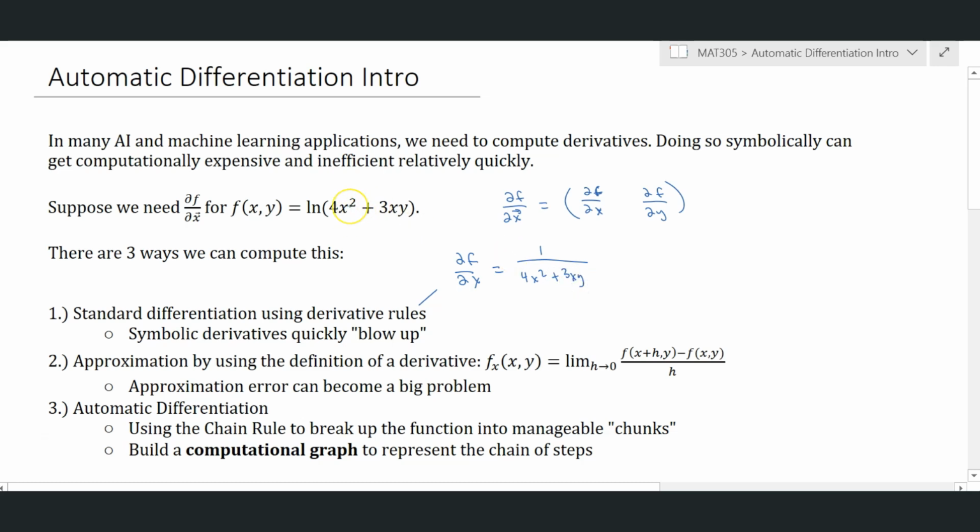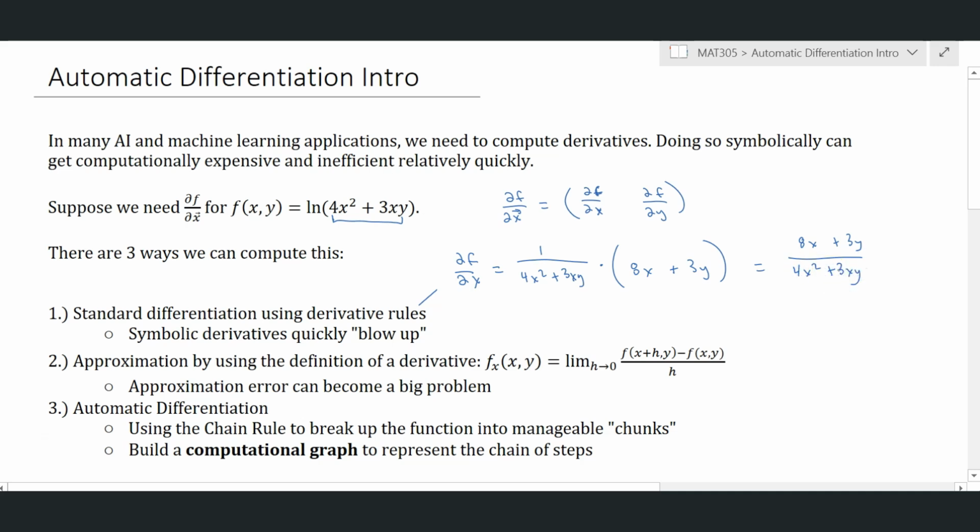If this were just natural log of x, its derivative would be 1 over x. But now we need to multiply it by the derivative of the inside. So the derivative of the inside, 4x squared, would give us 8x, and 3xy, its derivative with respect to x, would be 3y. And so we would end up with 8x plus 3y over 4x squared plus 3xy.